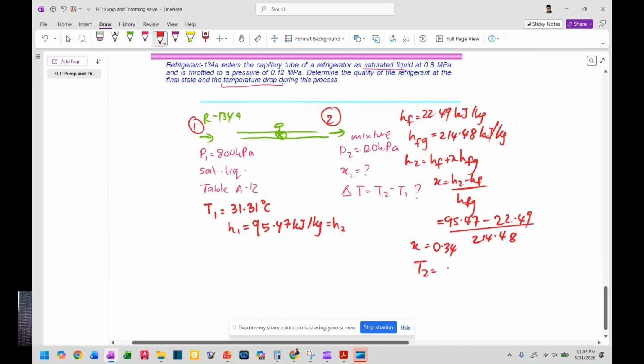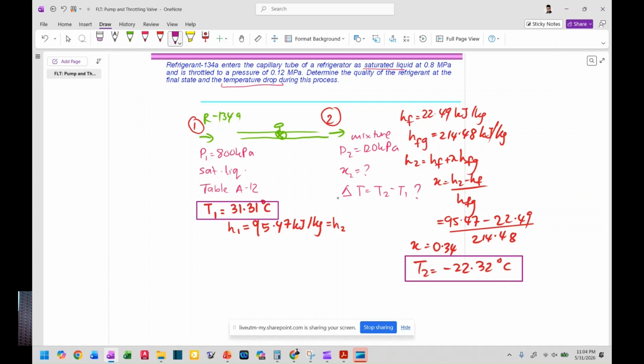T2 is negative 22.32 degrees Celsius. And so we have T1, and we also have T2. So we can have the delta T, right?